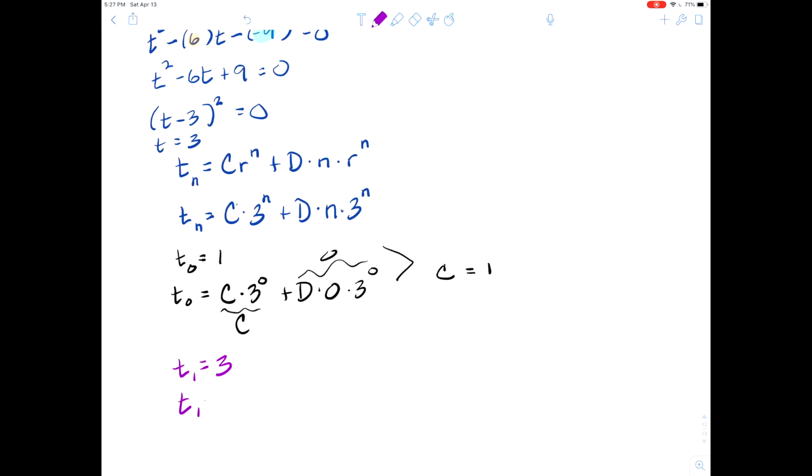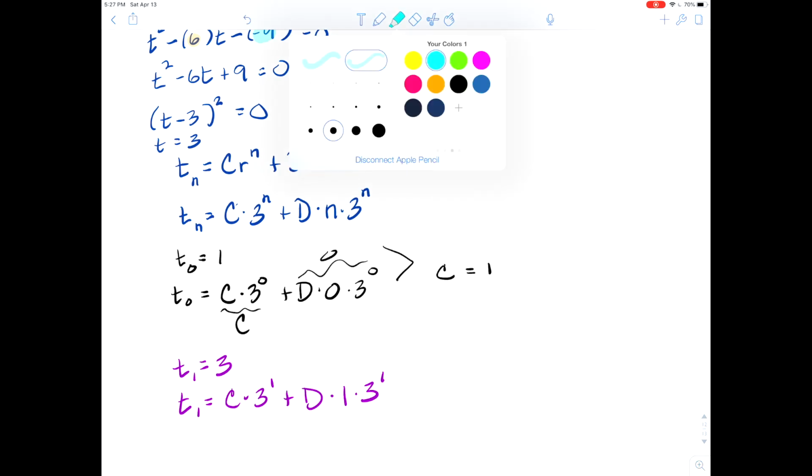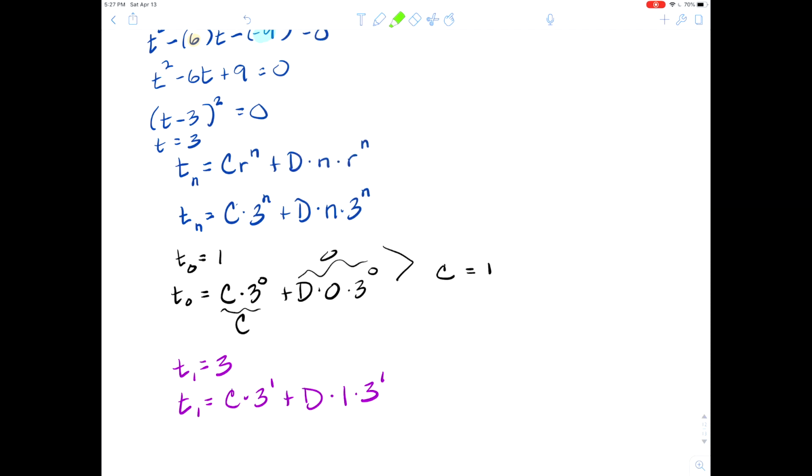Well, t sub 1 is also equal to c times 3 to the 1 plus d times 1 times 3 to the 1. And again, I am finding these values not by magic, but by plugging in the subscript wherever there was an n.